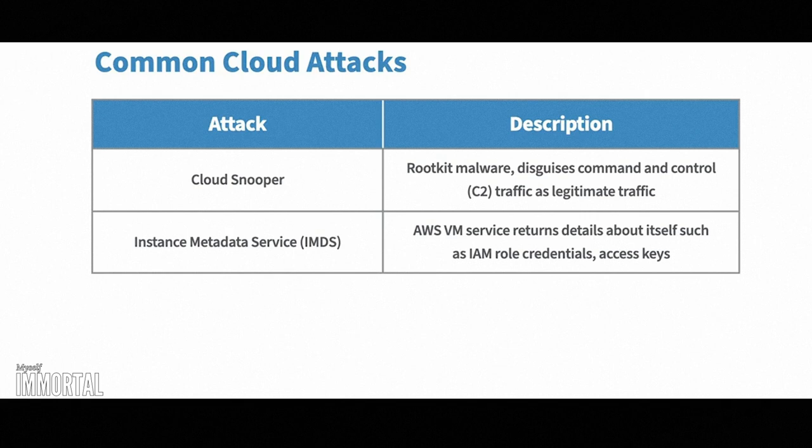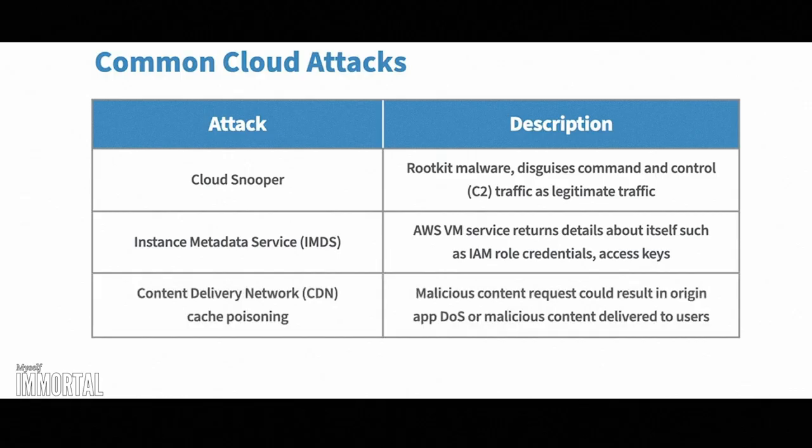Another common cloud attack is a Content Delivery Network, or CDN, cache poisoning attack, where a CDN is really a copy of data from origin web servers, for example, and we have a copy of it because it's stored strategically in a region near users that will request it, thereby reducing the amount of time it takes to deliver that content to users. Now, what's the attack here then?